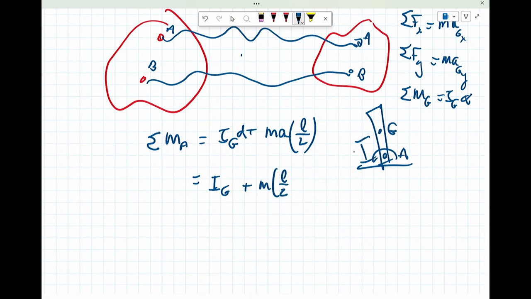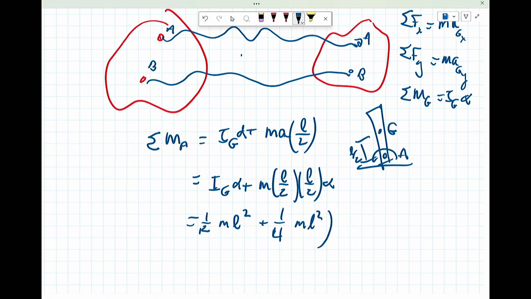This distance is L over 2, by the way. Times L over 2 times alpha. When you substitute in for a, the translational a is equal to L over 2 times alpha in terms of just a scalar multiplication, and I_G alpha. And the whole thing becomes 1/12 m L squared plus 1/4 m L squared times alpha.